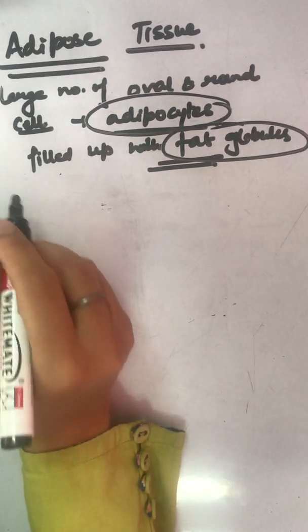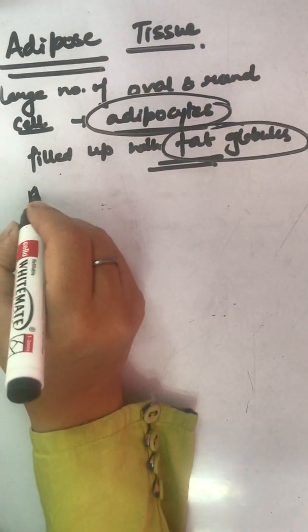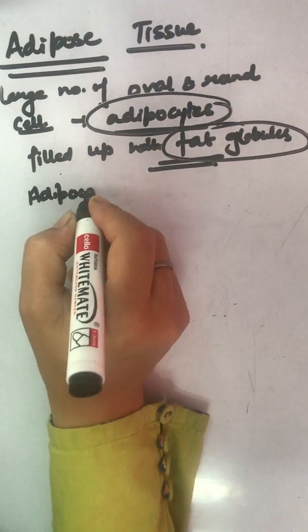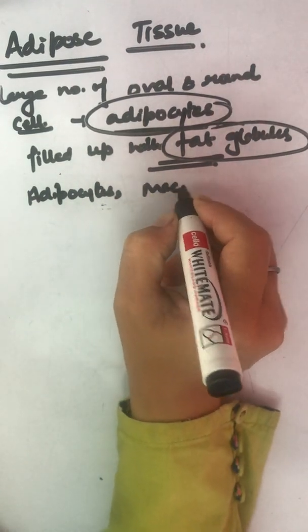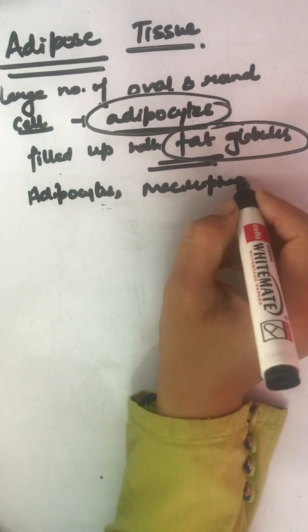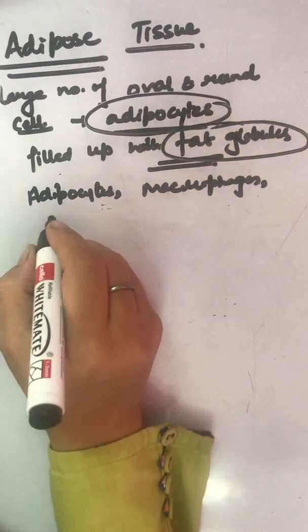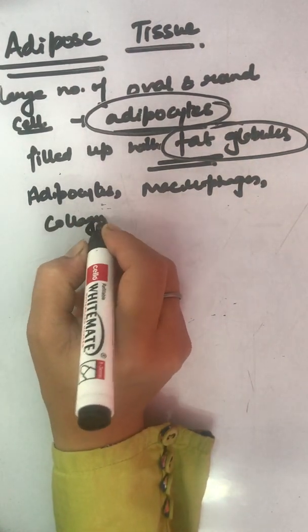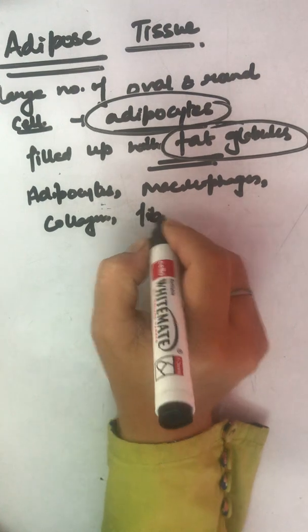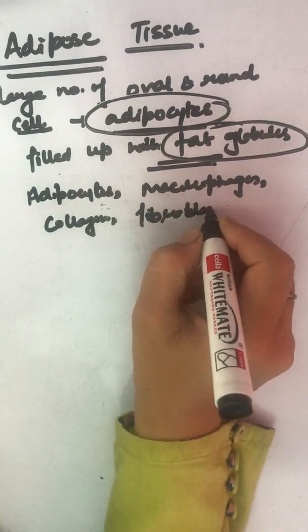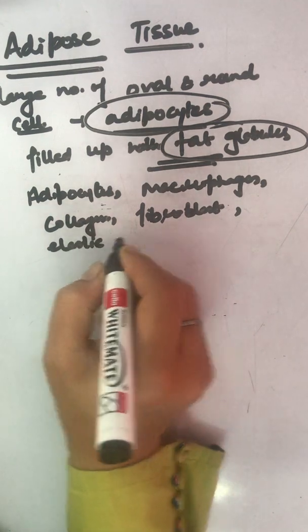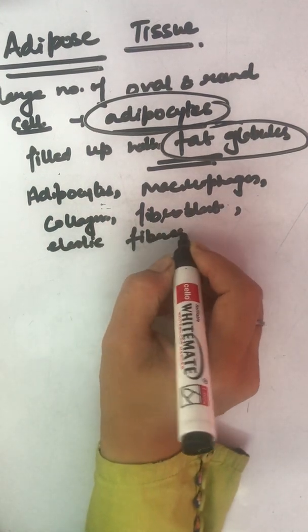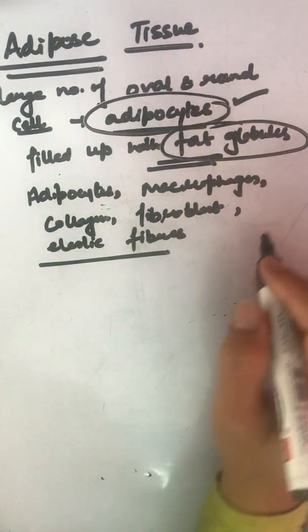Besides adipocytes, adipose tissue also contains macrophages, collagen, fibroblast, and elastic fibers. All these are present, but mainly we talk about adipocytes. Why?